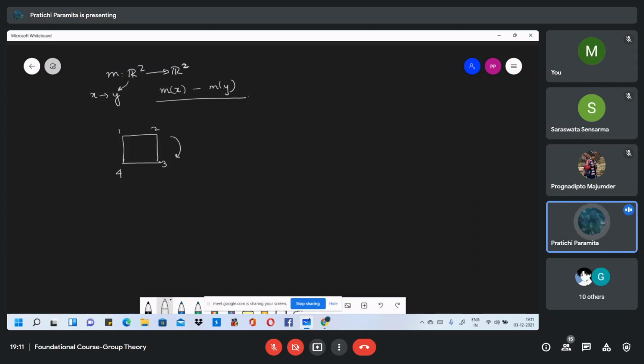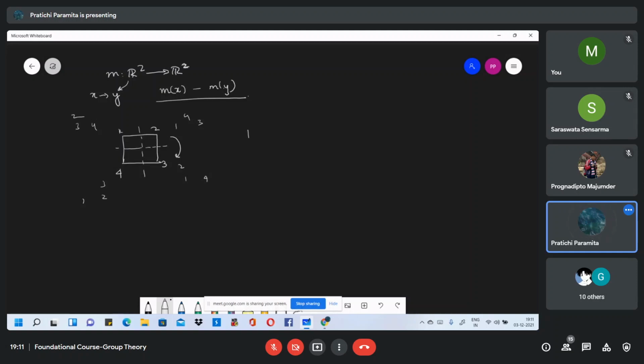If I rotate once, I'll get 1, 2, 3, 4. If I rotate twice, 1, 2, 3, 4. If I rotate thrice, 1, 2, 3, 4. And if I rotate once more, I get the same 1, 2, 3, 4 back again. So there are 4 operations like this, and I can flip it about these axes.